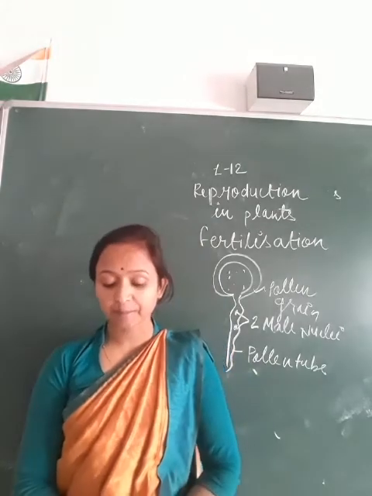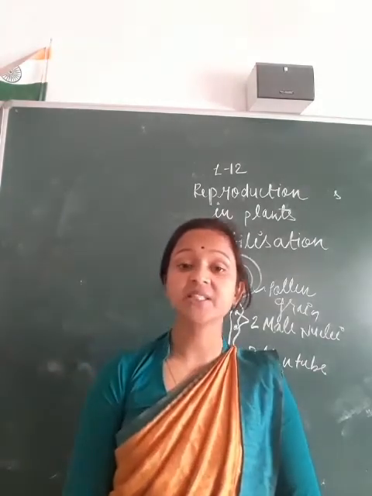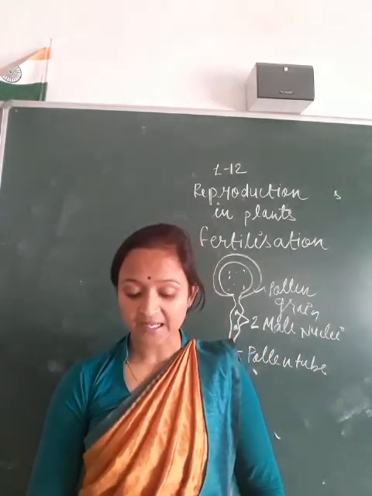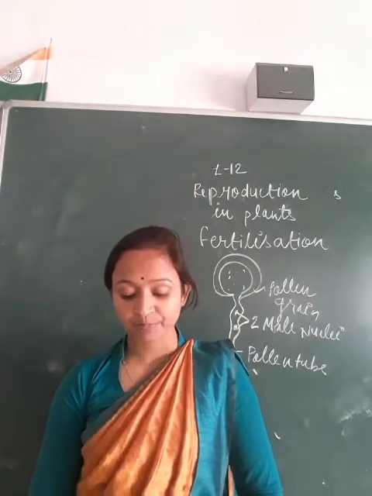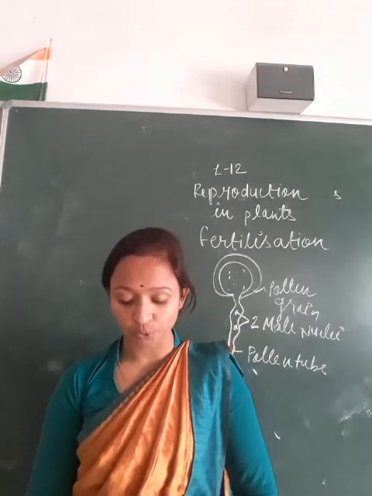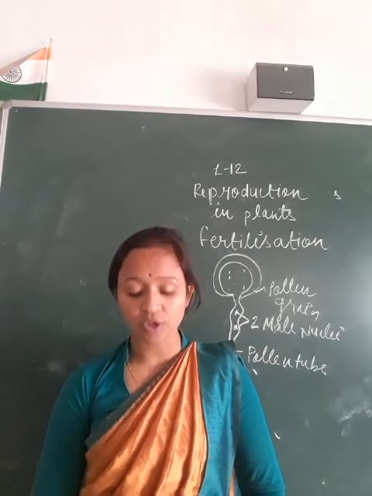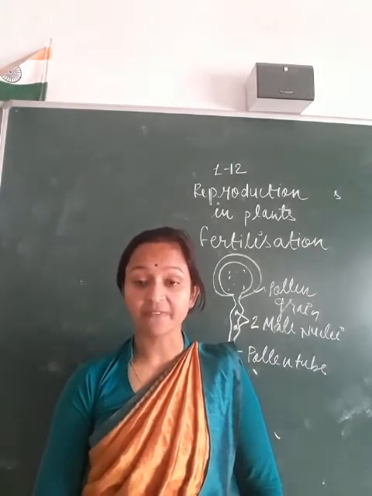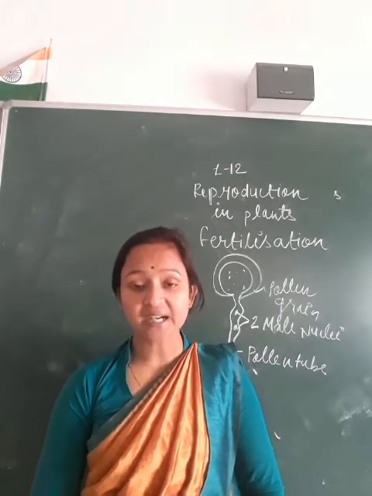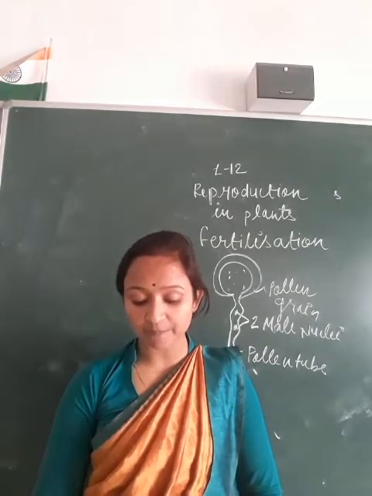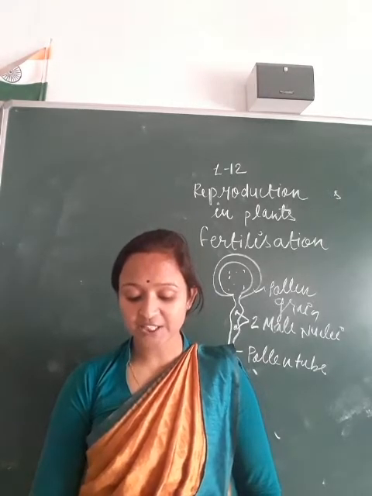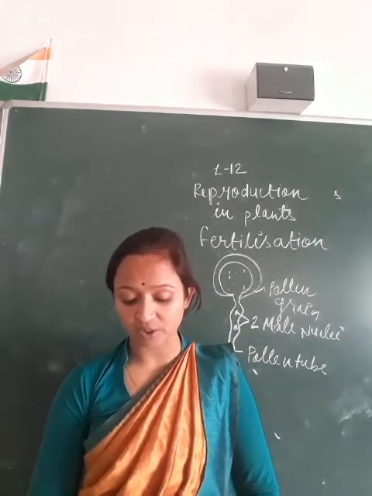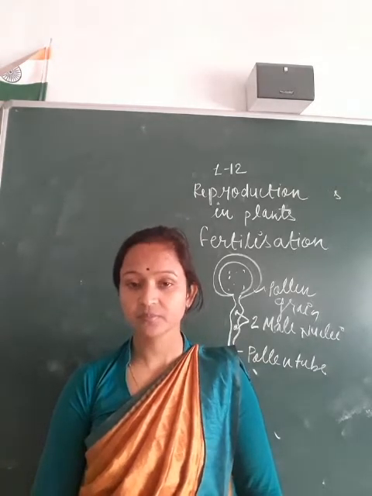The sepals, petals and stamens fall off, and the ovary increases in size and becomes the fruit, and the fruit thus is the ripened ovary. The ovary wall becomes the fruit wall. Inside the ovary, the ovules develop to form the seeds.